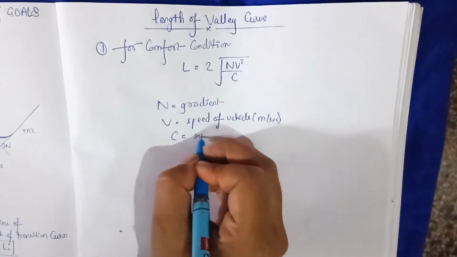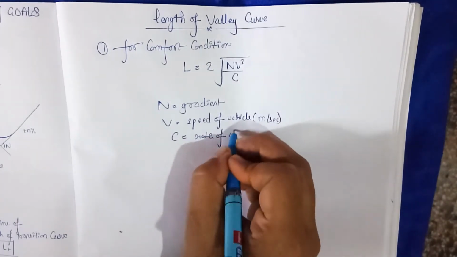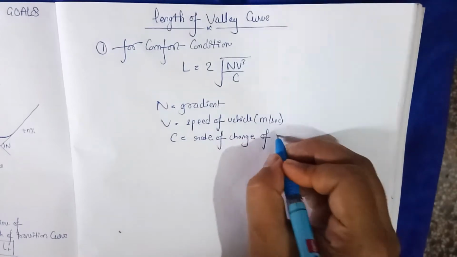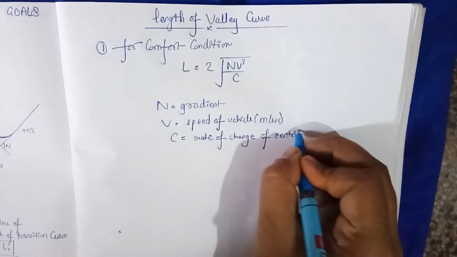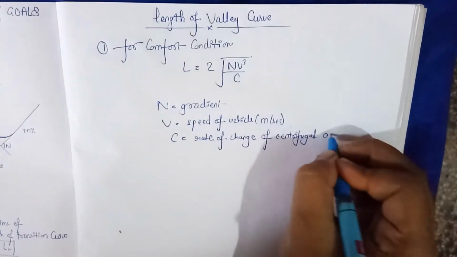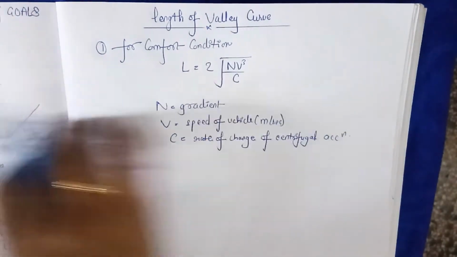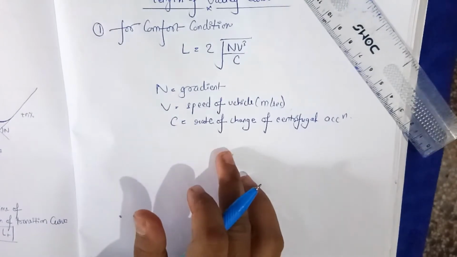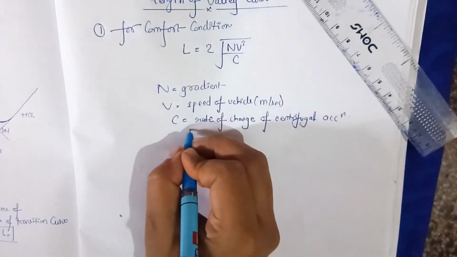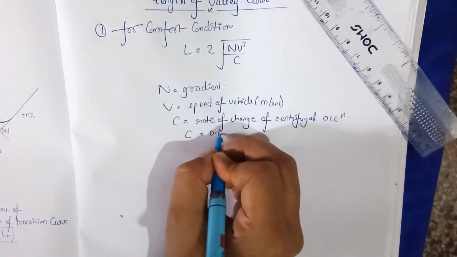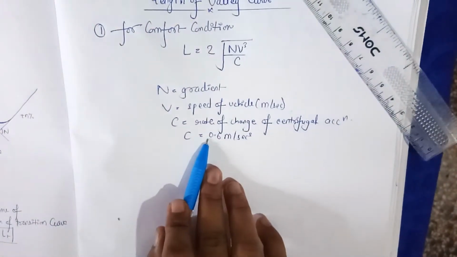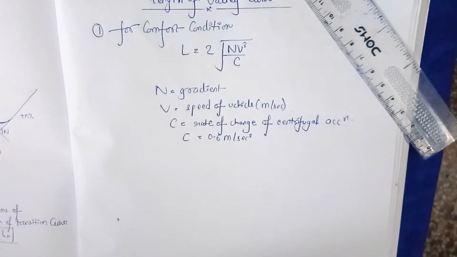C is the rate of change of centrifugal acceleration. If it is not mentioned in the question, you have to take the value as 0.6 meter per second cube. You can take this value to solve the length of a transition curve.